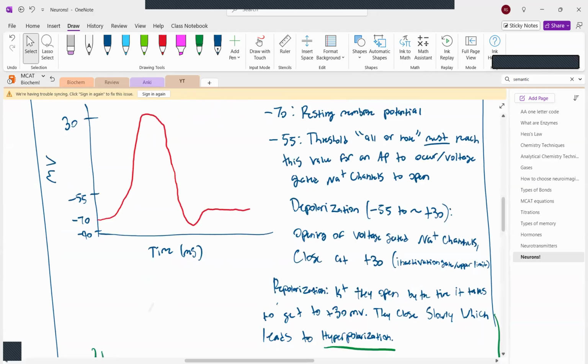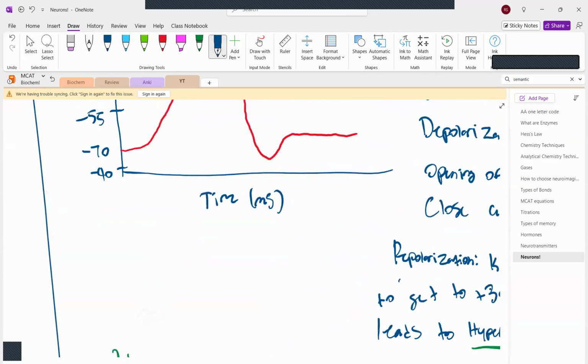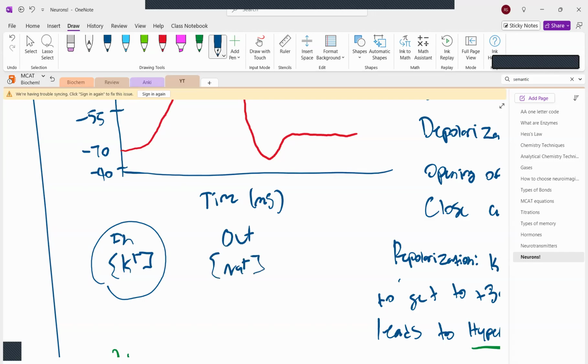So in your cell, let me just do in, out. Inside you have a high concentration of potassium, outside sodium, and typically chlorine, and you have various negative charges in here.